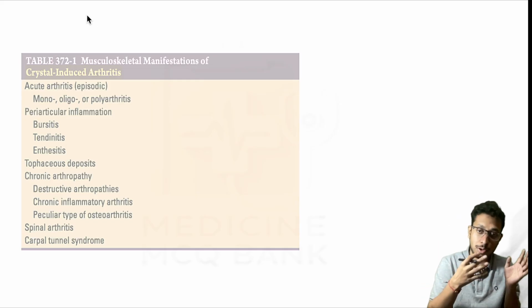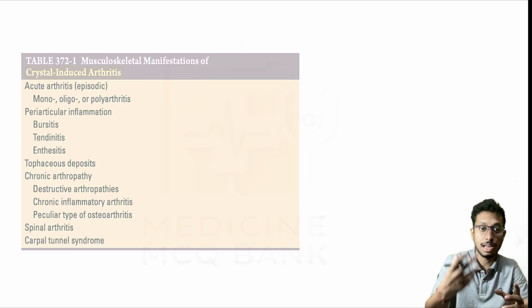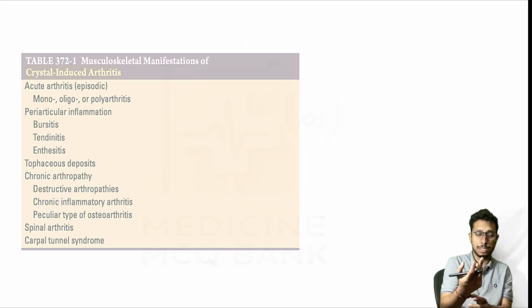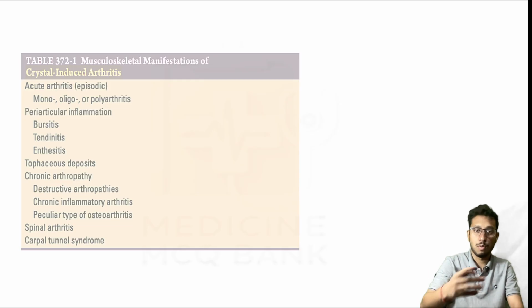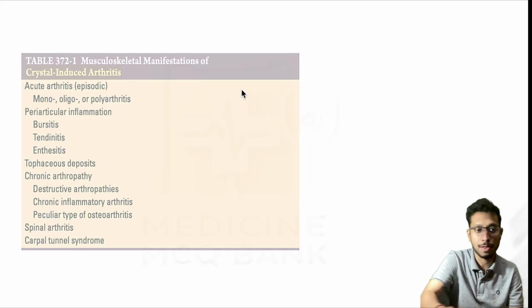There can be chronic arthropathy related changes, destructive arthropathies, or spinal arthritis. Even deposition of crystals in a compartment may lead to carpal tunnel syndrome. All of those can be varied presentations. Usually, most commonly, it starts with a monoarticular presentation, which in turn leads to oligo or polyarticular presentation.